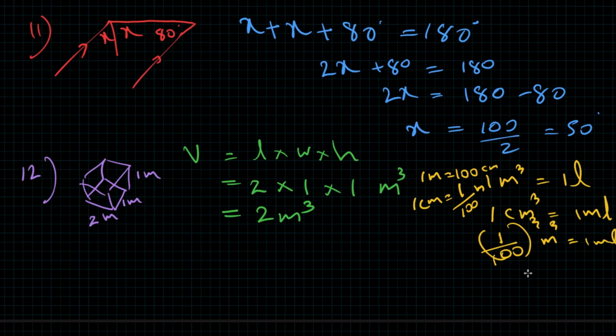Now here 100 means 10 to the power 2. 10 to the power 2 into 3 is 10 to the power 6, so 1 cubic meter is equal to 10 to the power 6 milliliters. Okay, our earlier one is wrong.